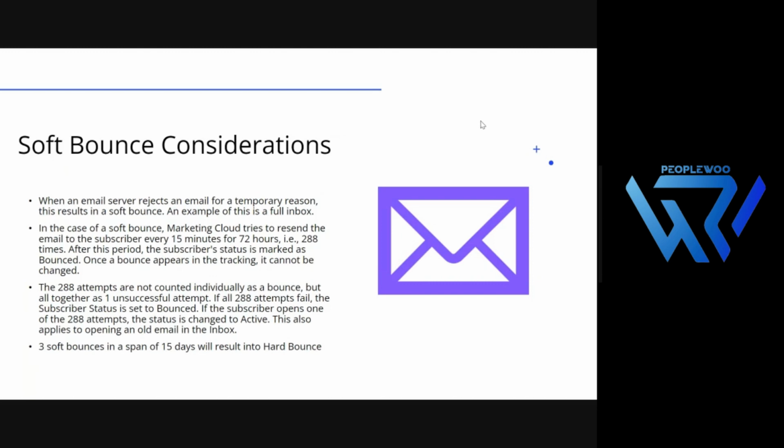Make sure you have the span of 15 days applicable, then only 3 soft bounces in 15 days would change the status of that subscriber to held. So hard bounce: either domain blocked or 3 soft bounces in a span of 15 days. These two factors govern the hard bounce.